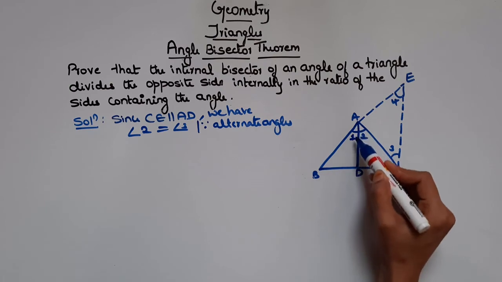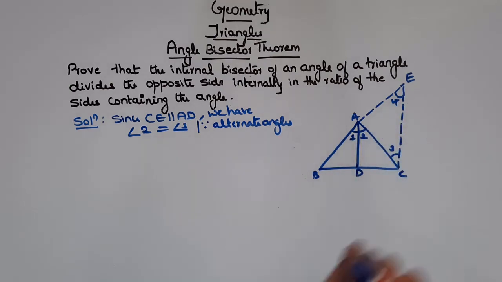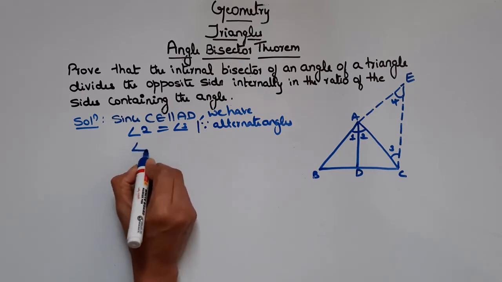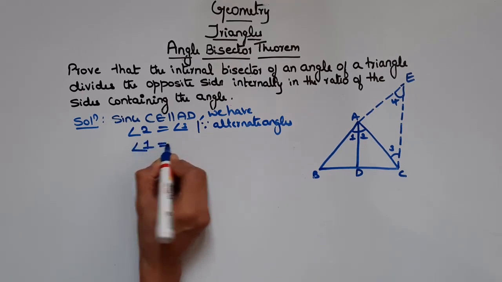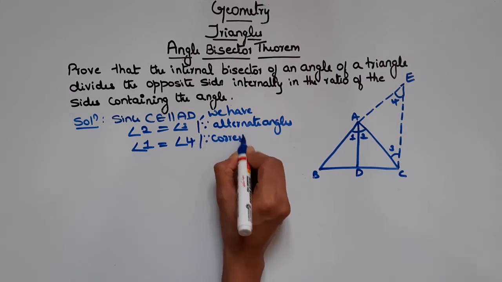And if you see, angle 1 is equal to angle 4. That is the corresponding angles, right? So we have angle 1 is equal to angle 4, since corresponding angles.